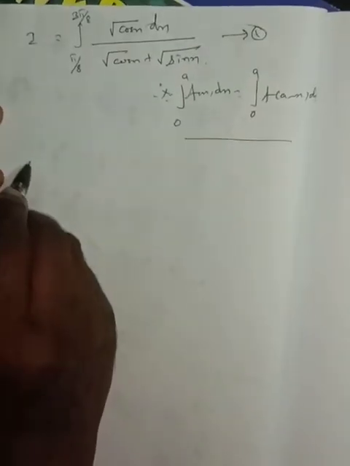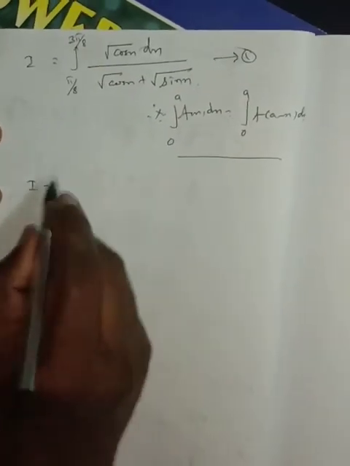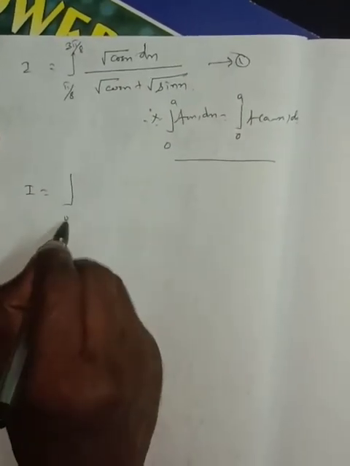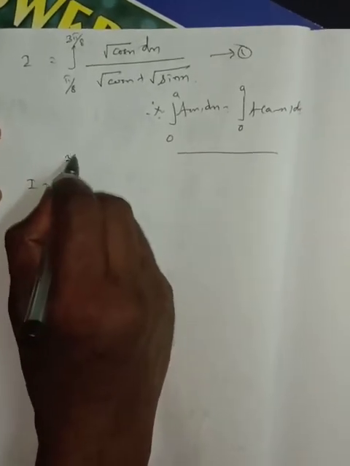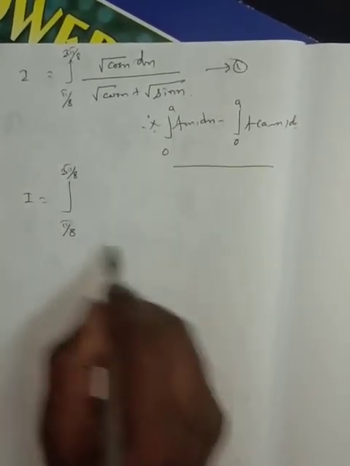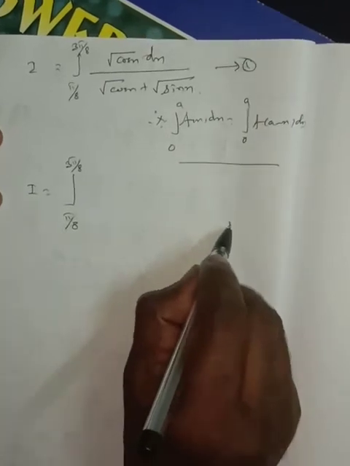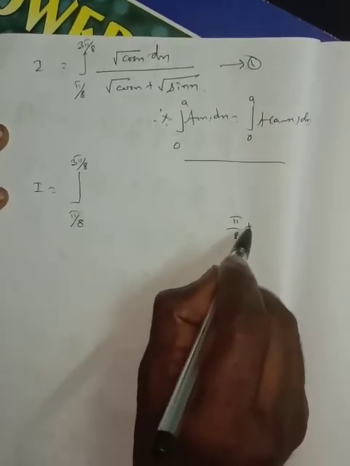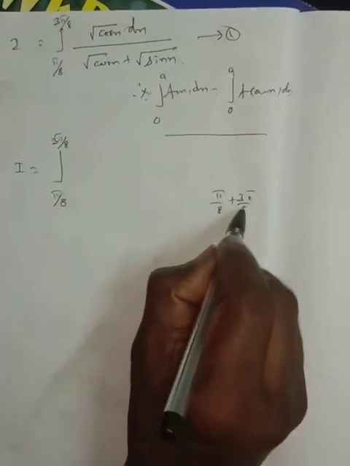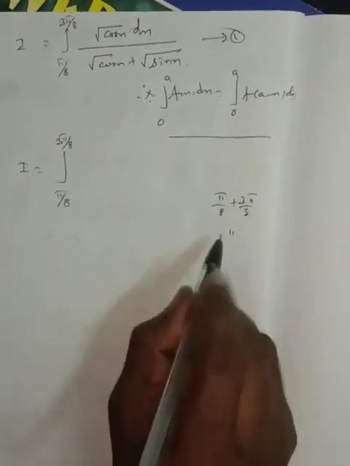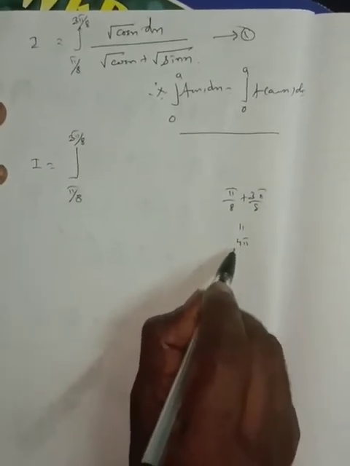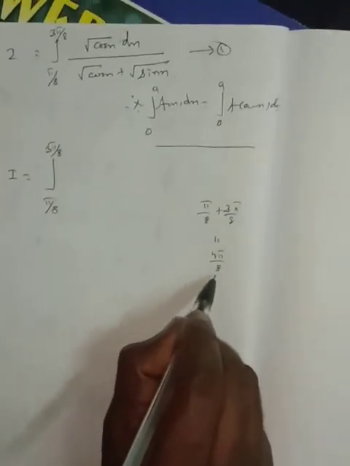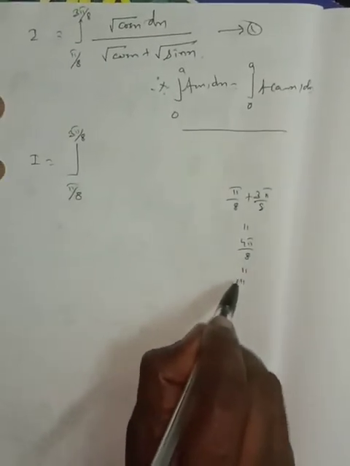Using the property, I is equal to integral pi by 8 to 3 pi by 8. Adding these two, pi by 8 plus 3 pi by 8 is equal to 4 pi divided by 8, equal to pi by 2.